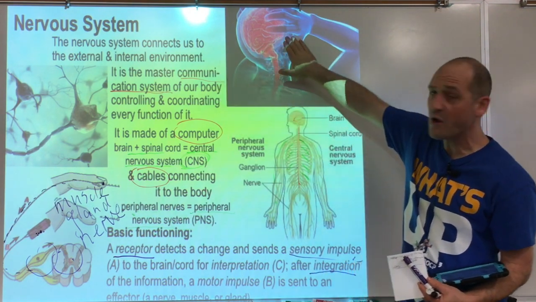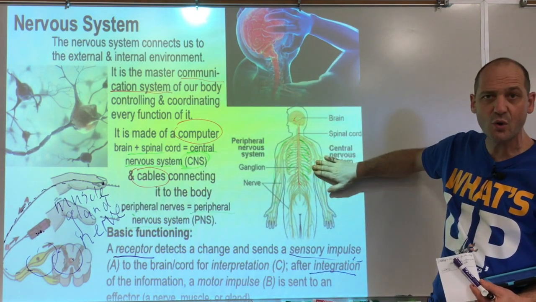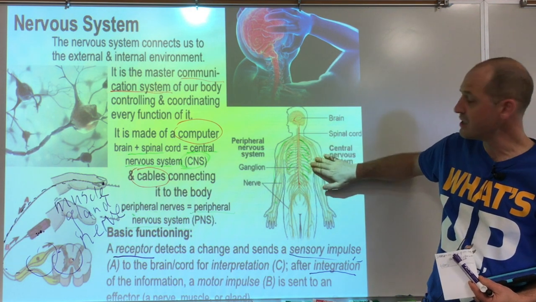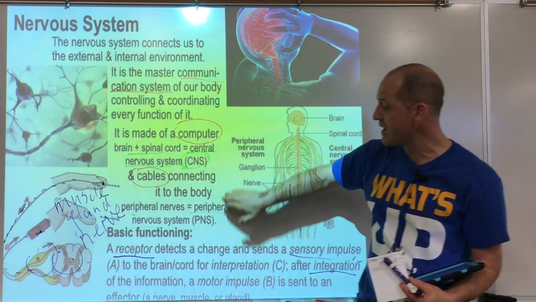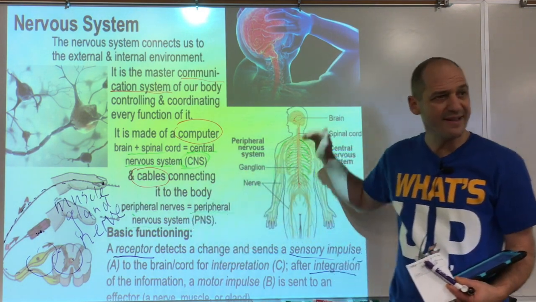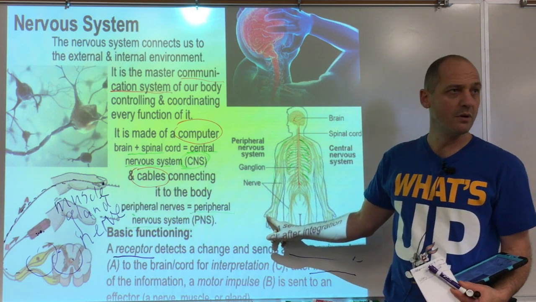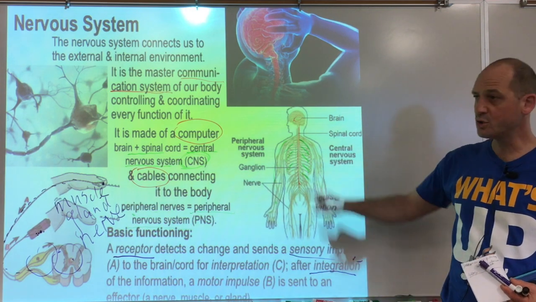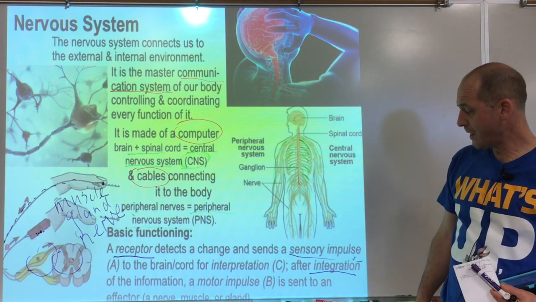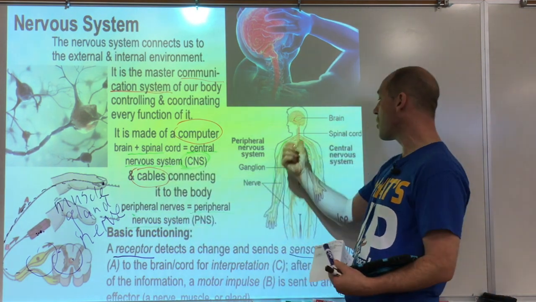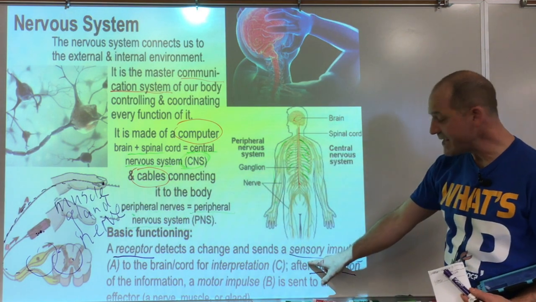So, fundamentally, we have a brain and a spinal cord that integrate information, that coordinate things, and then we got nerves on the side, the peripheral nerves, that bring the information to and from the body. So it's a two-way street. The impulses that send it from the receptor into the cord, we call them sensory.